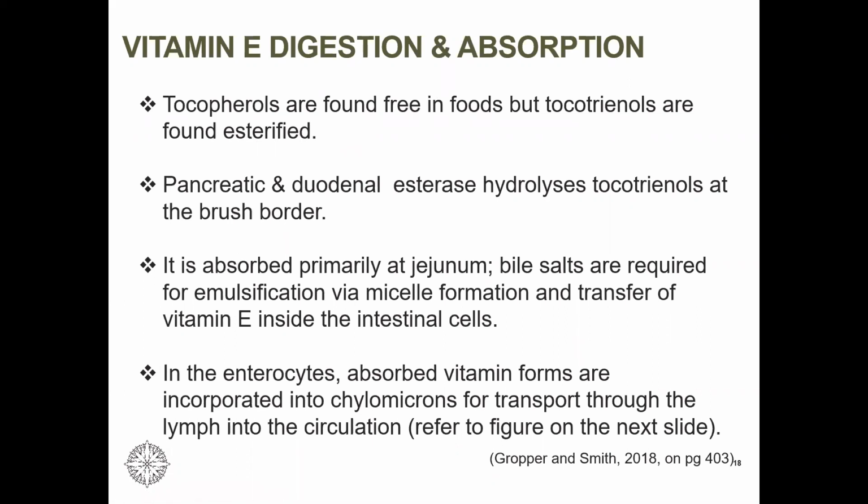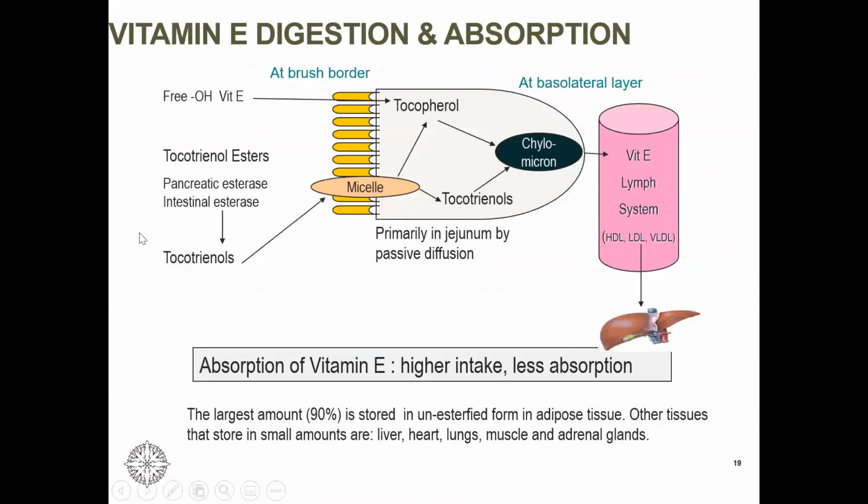And then what will happen? It will get attached to micelle, and in the intestinal cell, we can make these forms again, and everything gets connected to chylomicron, and then again to your HDL, LDL, VLDL.